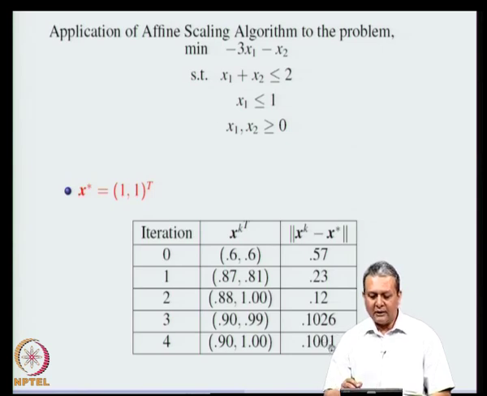So, after 4 iterations, the distance between the two is only 0.10. This gives us some idea about how the affine scaling algorithm works.